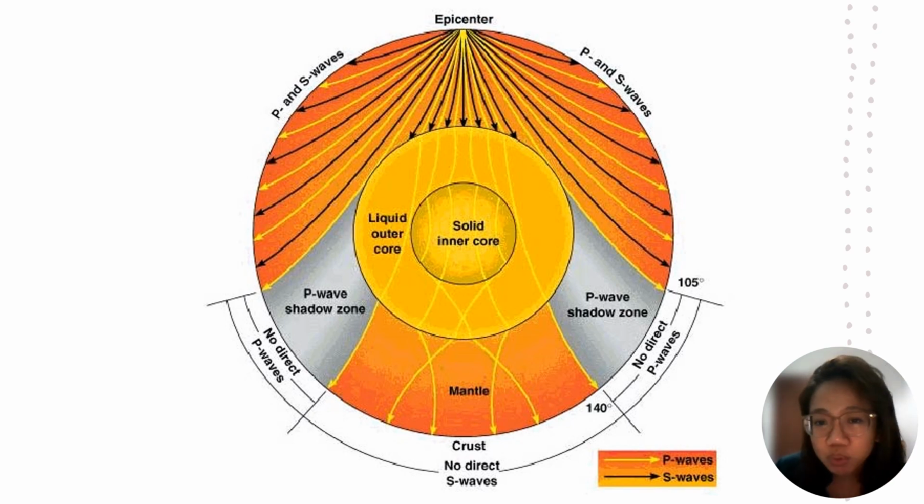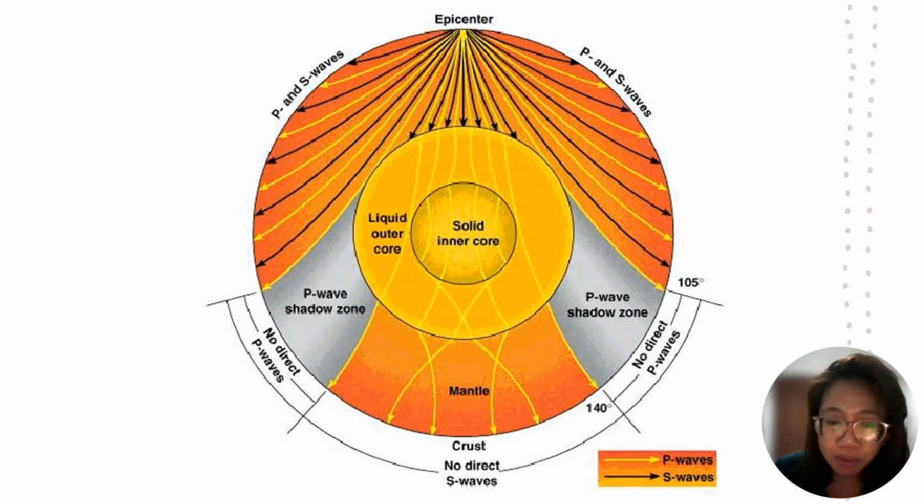Now, sometimes we can easily get complete P and S waves, especially if the measurement is close to the epicenter. But if the seismic waves have to pass through part of the core, sometimes the results vary.